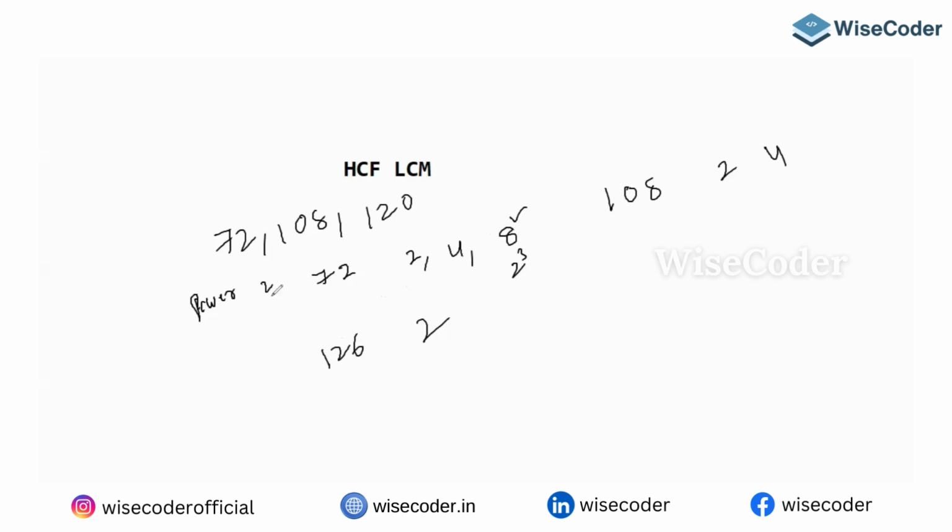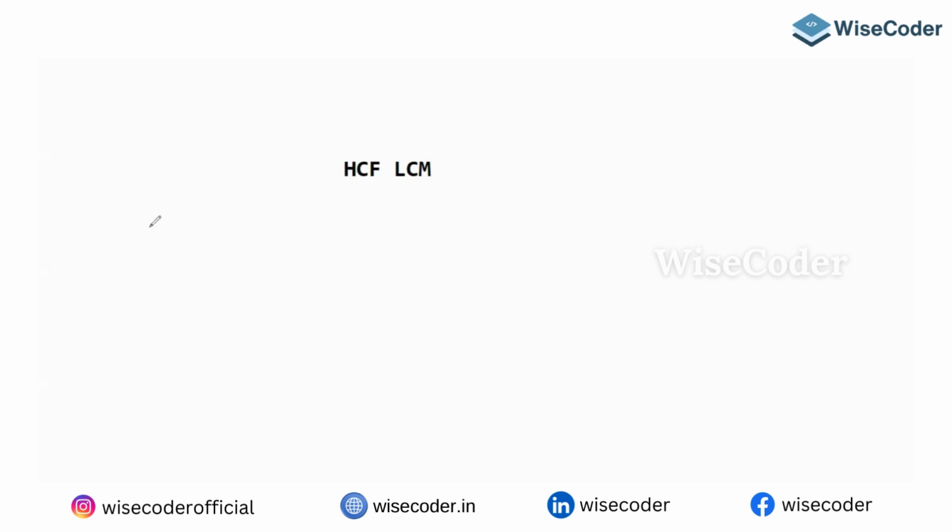What is the power of 3? Let me write clearly. For 72, powers of 2: it can be divided by 2, 4, 8. For 108, 2 and 4 only.